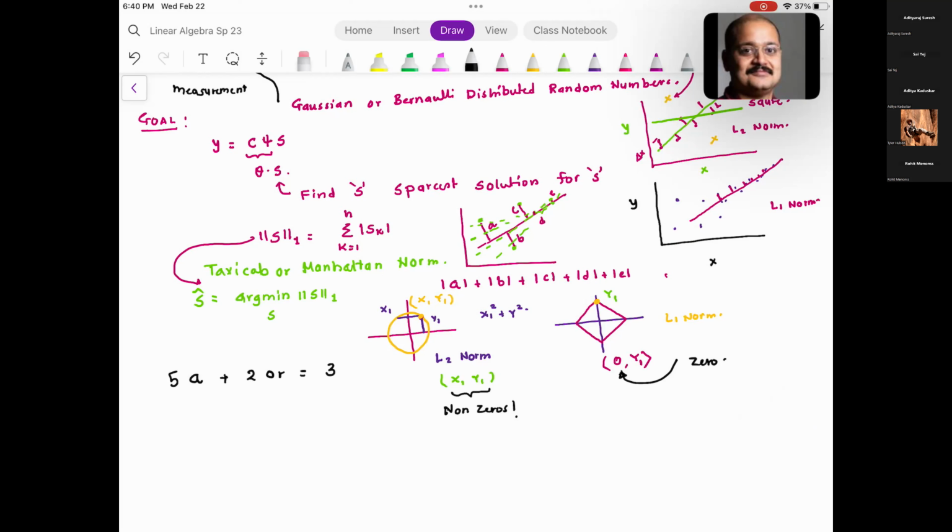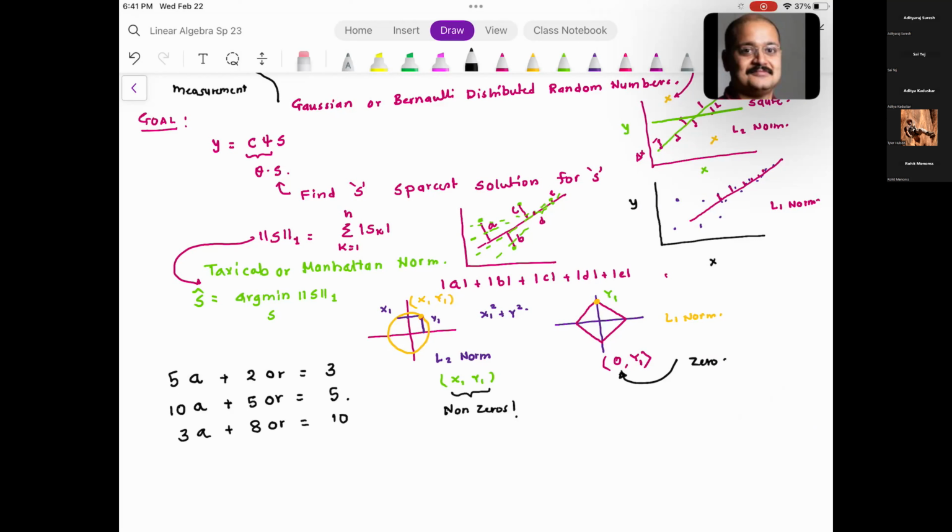I have 10 apples plus maybe 5 oranges is equal to $5, and I have 3 apples plus 8 oranges is equal to $10.